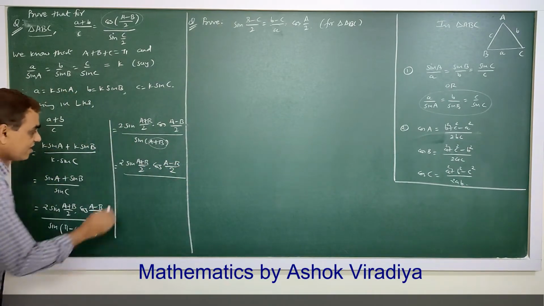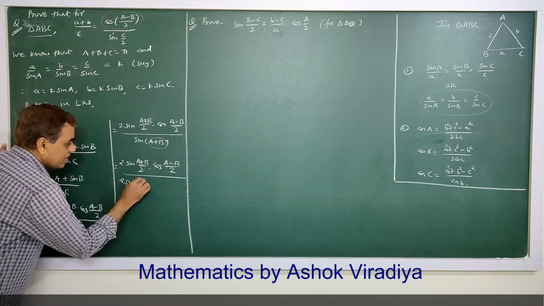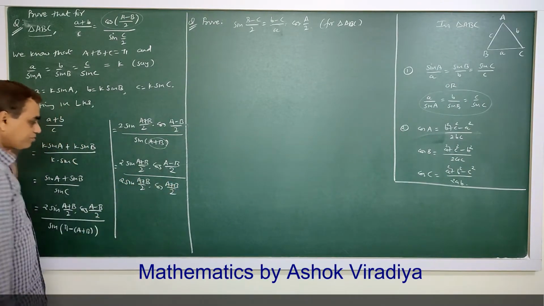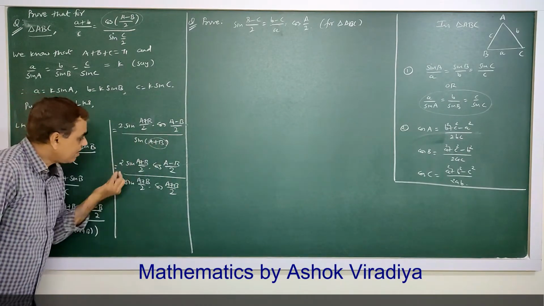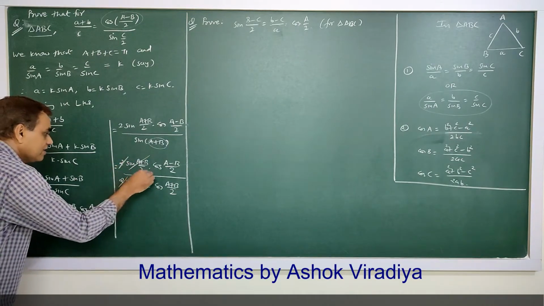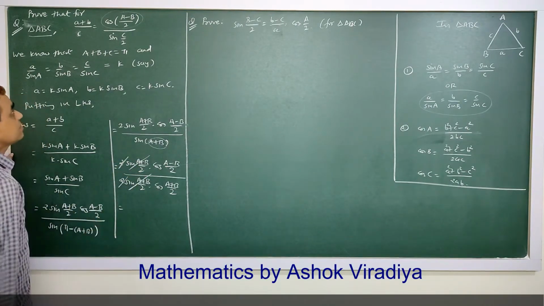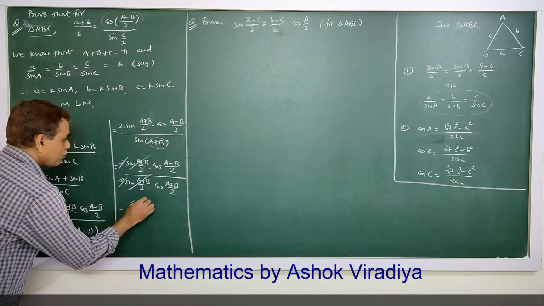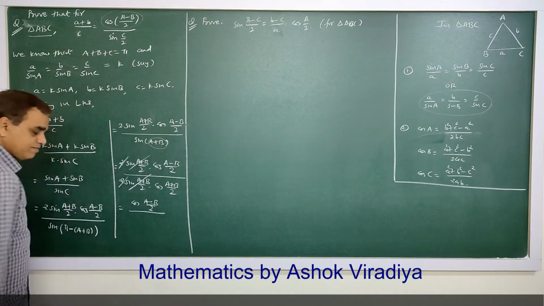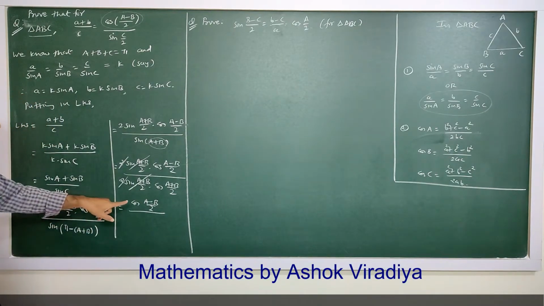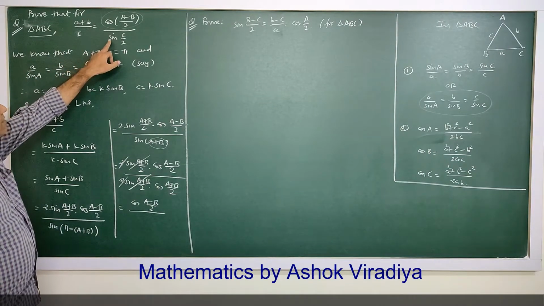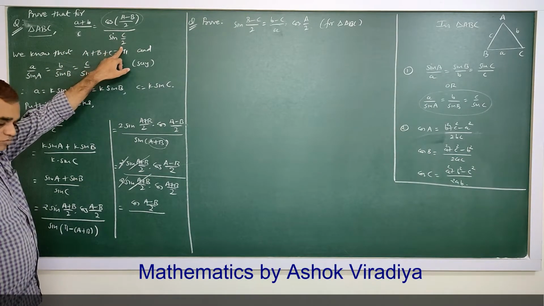Now sine alpha is 2 sine alpha by 2 cos alpha by 2. So see, this is cancelled. What is left? We have cos of (A minus B) by 2 upon... Now see, the numerator is obtained, but in the denominator we need sine C by 2.